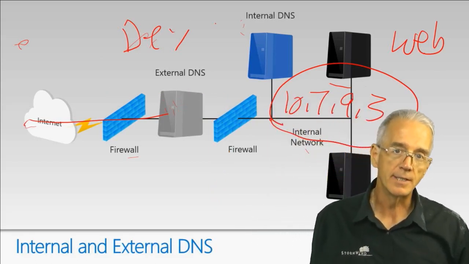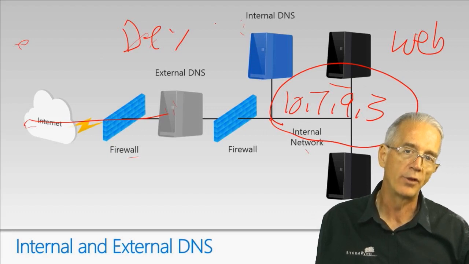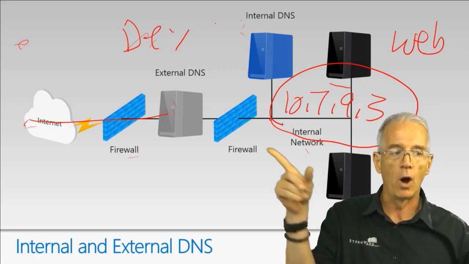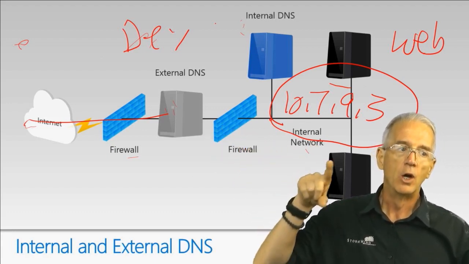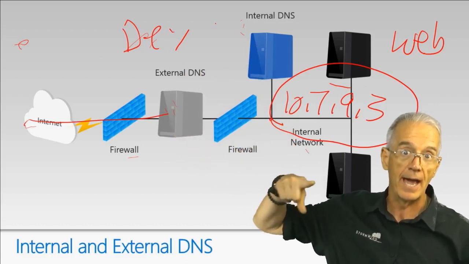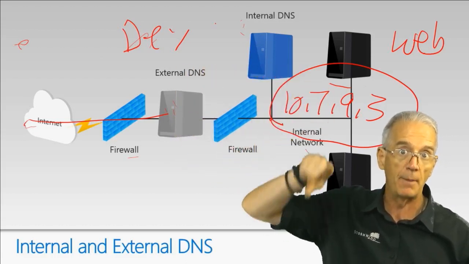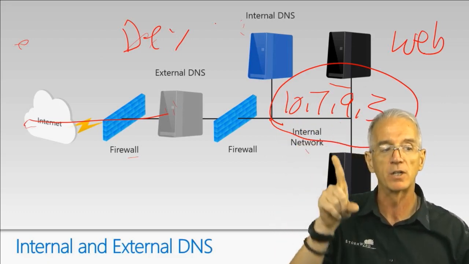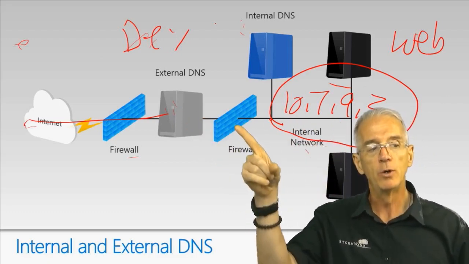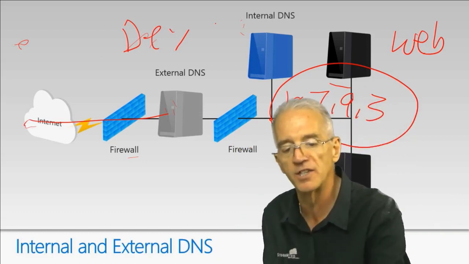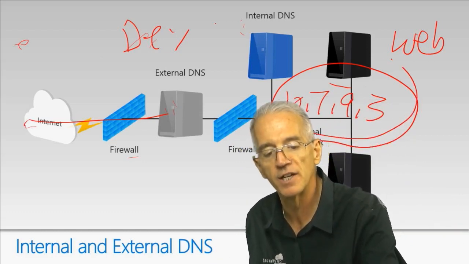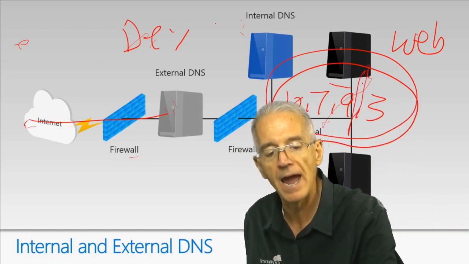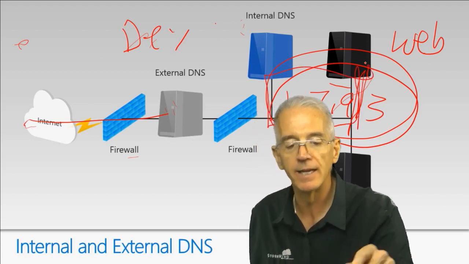So if you're doing screened subnets, you also have to be careful with your firewall. If you are going to probe the public stuff, you either go out through the internet and come in that way using a public IP address, or you modify the access control list that says, this is a management console, allow it through, specifically either this IP address, or maybe I have an admin subnet like 10.107.